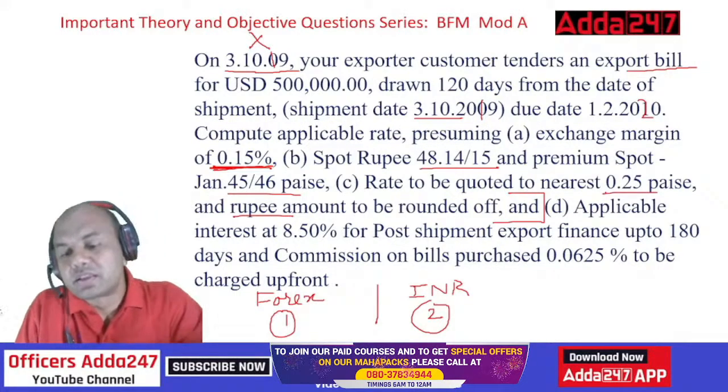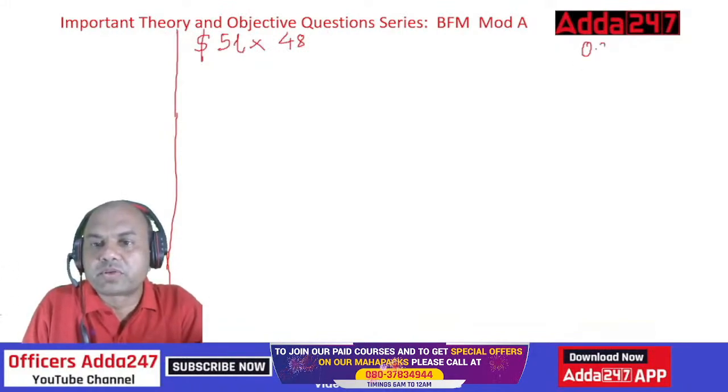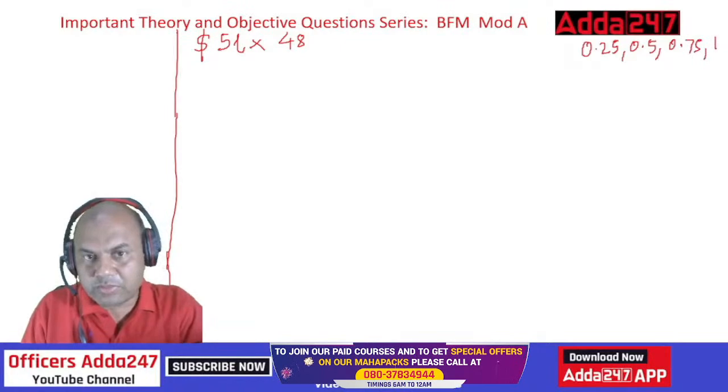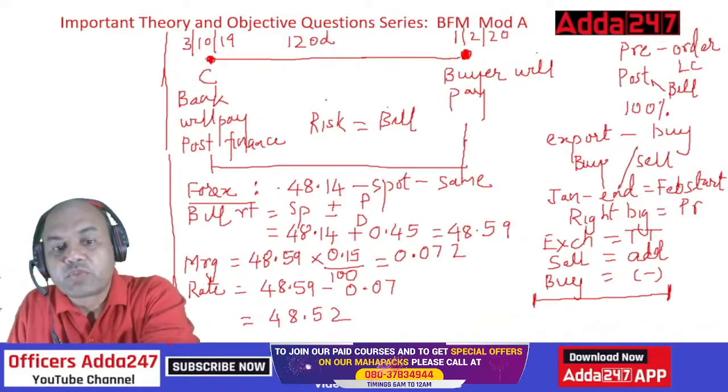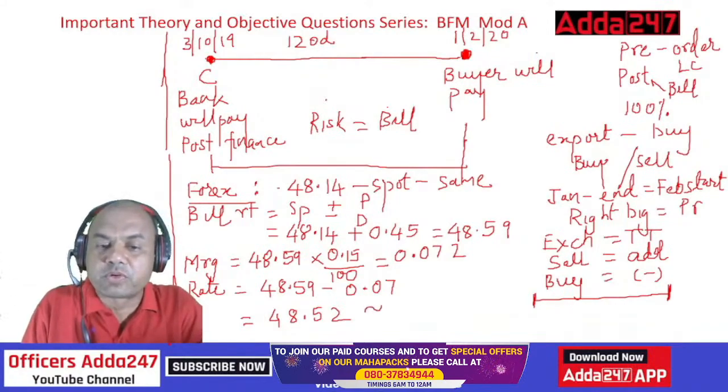0.25 means what? The meaning of 0.25 is it will be like this: 0.25, 0.5, 0.75, like that. Okay, and last is 1. So what is my rate over here? 48.52. So what is the nearest 0.25 to this?